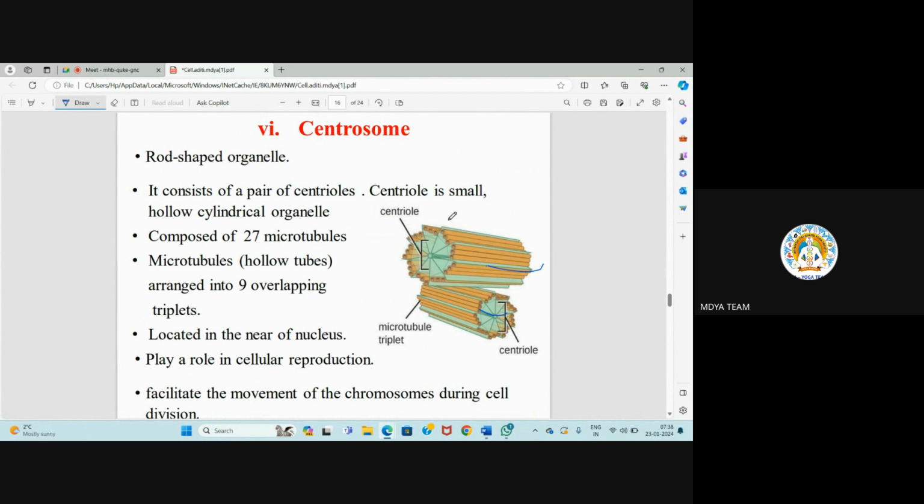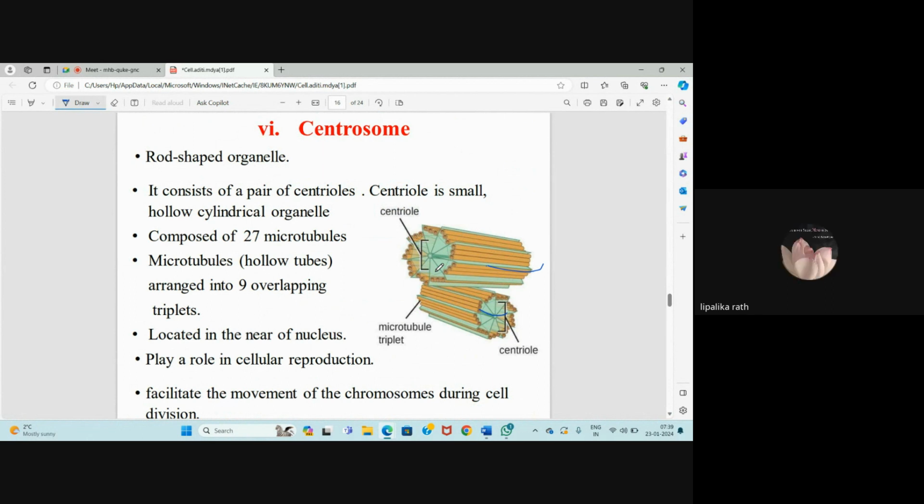So, how many centrioles are present in one centrosome? 27, ma'am. 27. Yes. So, is it clear? Is it clear?